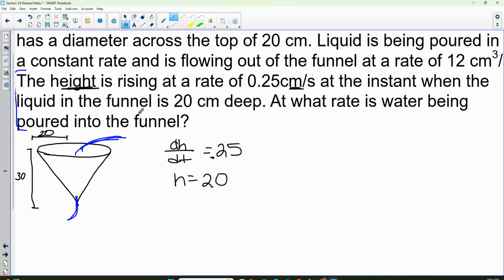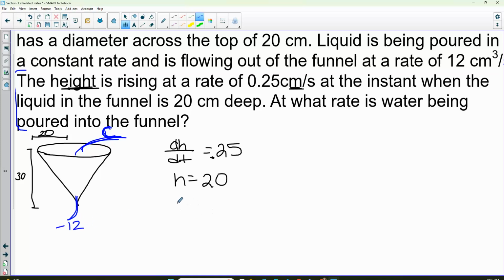This one we have to think a little bit more. We have water coming in at a constant rate. Do I know what that rate is? No, so I'm going to call that C. But then it is coming out at a rate of 12. So if it's coming out, that's like a negative 12.